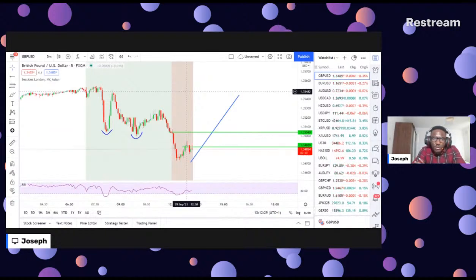If you get a close above that level, the market is likely to keep going up, but you shouldn't panic and go in just because the market has broken that structure. Like I said, there's only a 10% chance the market will just go up in a straight line. The market doesn't go up in a straight line. It's always going to retrace.